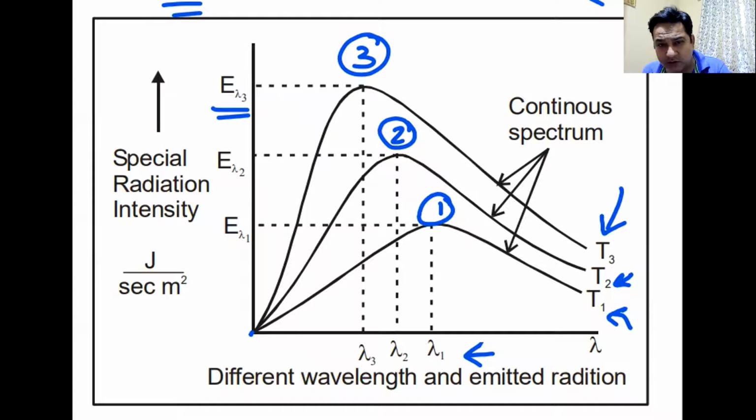This one particular body is emitting radiations at different temperatures, T1, T2, and T3, without telling you anything about those temperatures. Can you tell me which temperature do you think is more, T1 or T2 or T3?